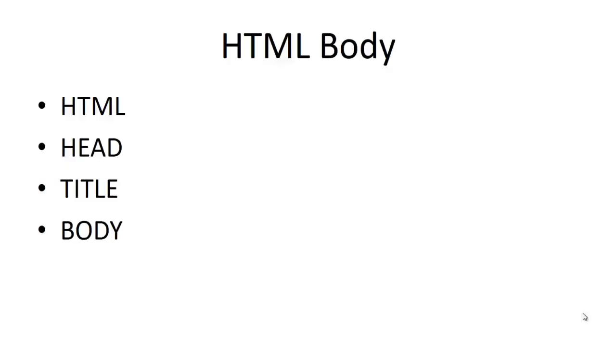Now, before I move on to video number 2, we are going to talk about the basic structure of an HTML body. Whenever you create a new HTML page, basically what it looks like is, at the top, you're going to have an HTML tag, and think about it as wrapping around everything. So you have the HTML, and you have the head, which is right underneath the HTML. This is kind of saying, okay, this is an HTML page, and then the next thing you'll see is the head.